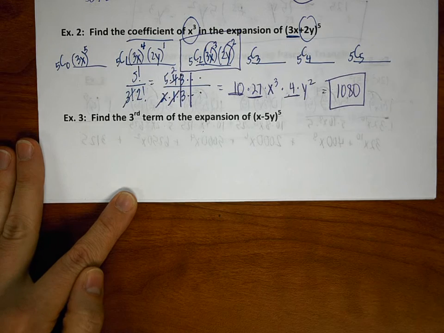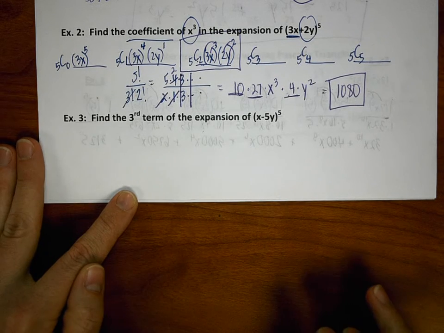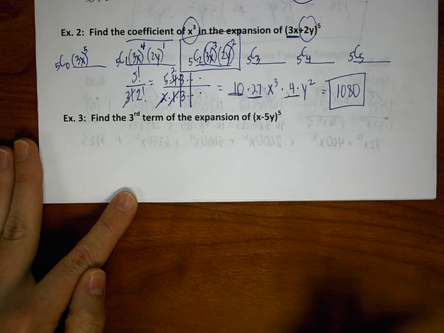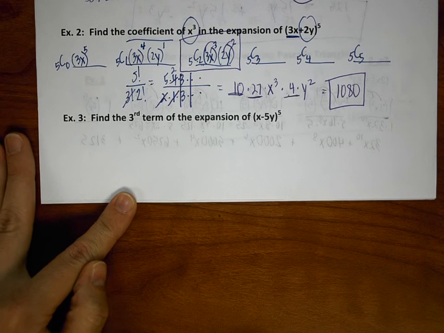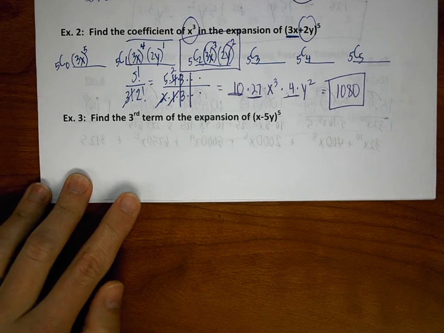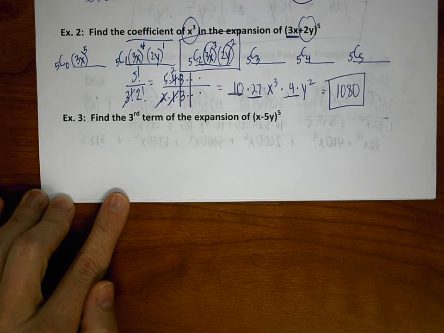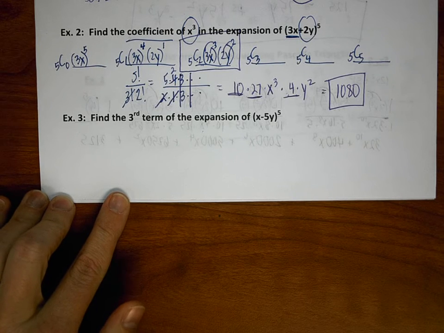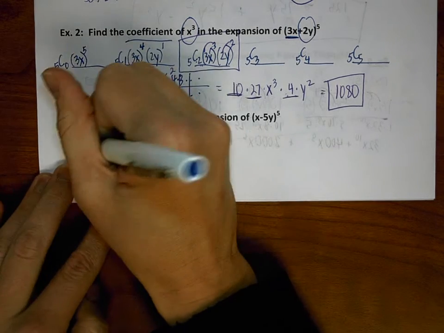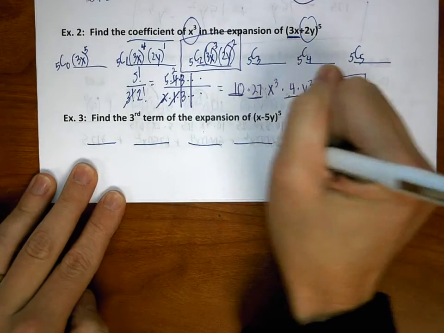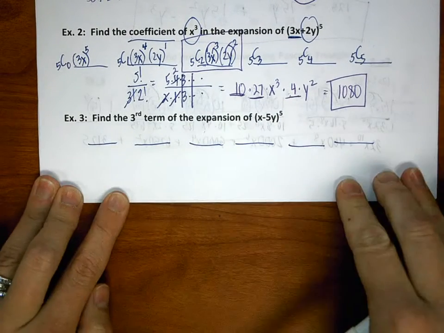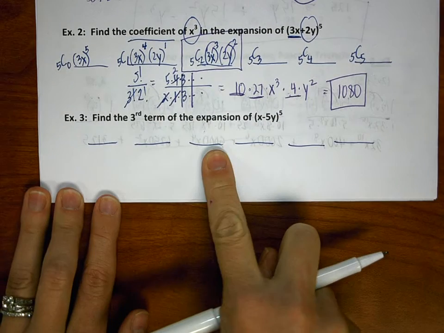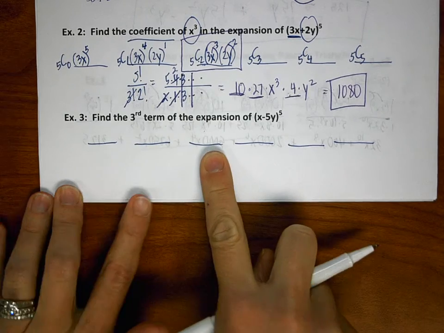Okay? All right. Example 3. I kind of want you guys to do this one on your own. They only want the third term. Okay? But how many blanks would you actually have? 6. So I'm going to write the 6 blanks, but how many am I going to only write out here? I'm going to write out to the third one, because this is the one that we want.